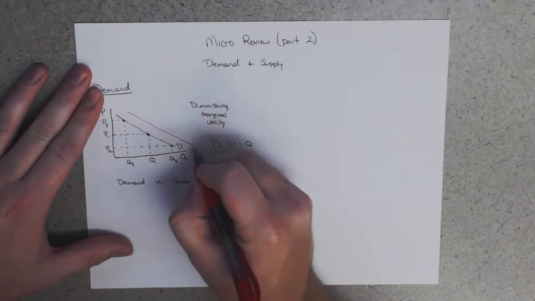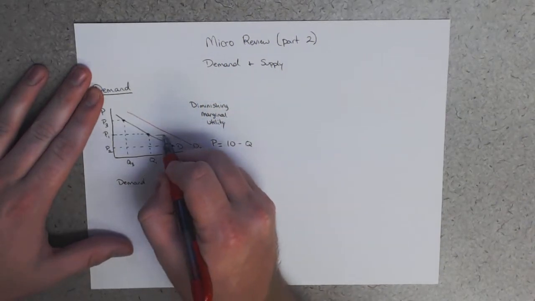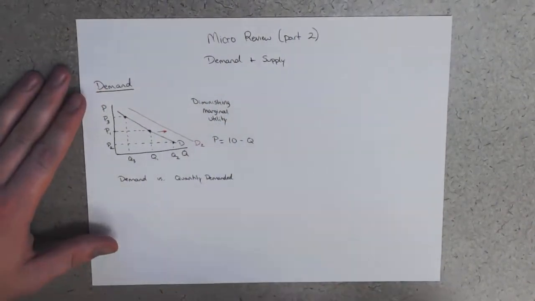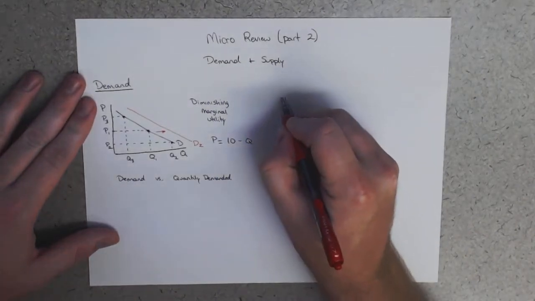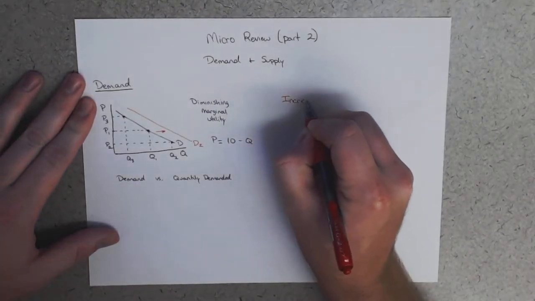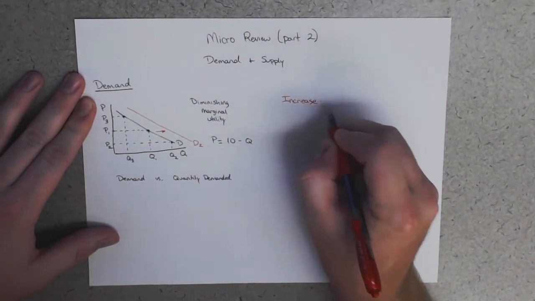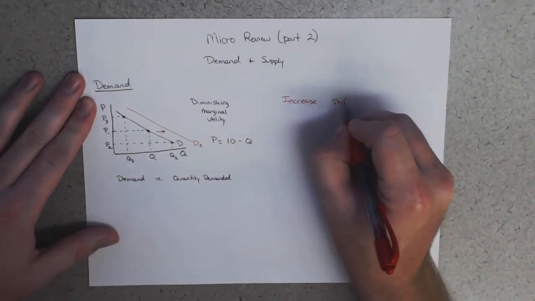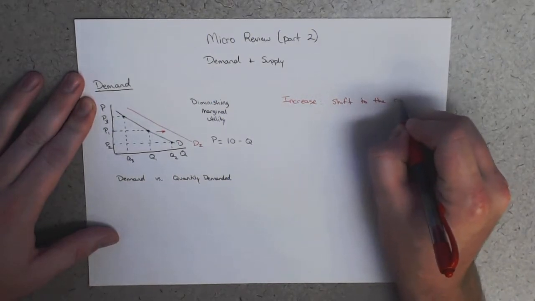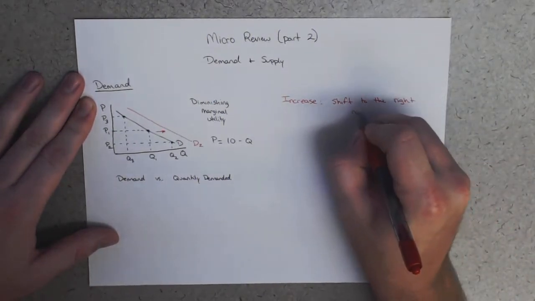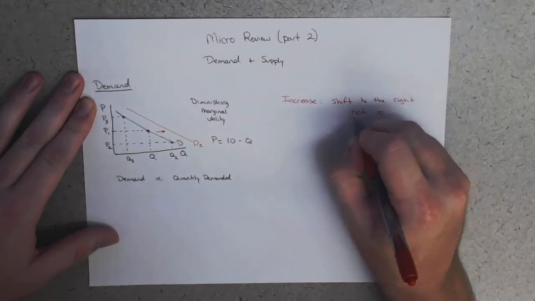Let's see how demand shifted to the right there, all right? So that would be an increase. So if we are increasing demand, that is a shift to the right, okay, not up.